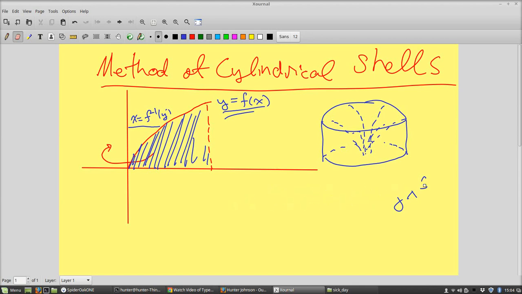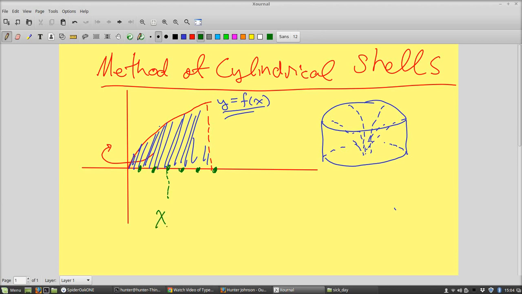So it turns out that there's a method that is really well suited to this kind of problem. It's called the method of cylindrical shells. And the idea is like this. Let me pick a color that will stand out. So it starts with a partition. We're pretty familiar with that. So you partition this space into, let's pay attention to these two.